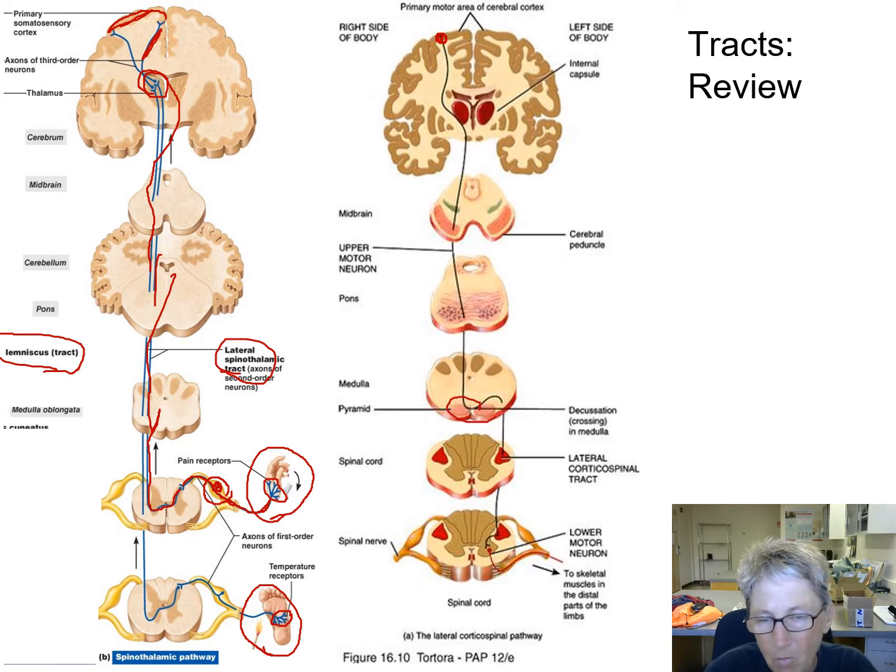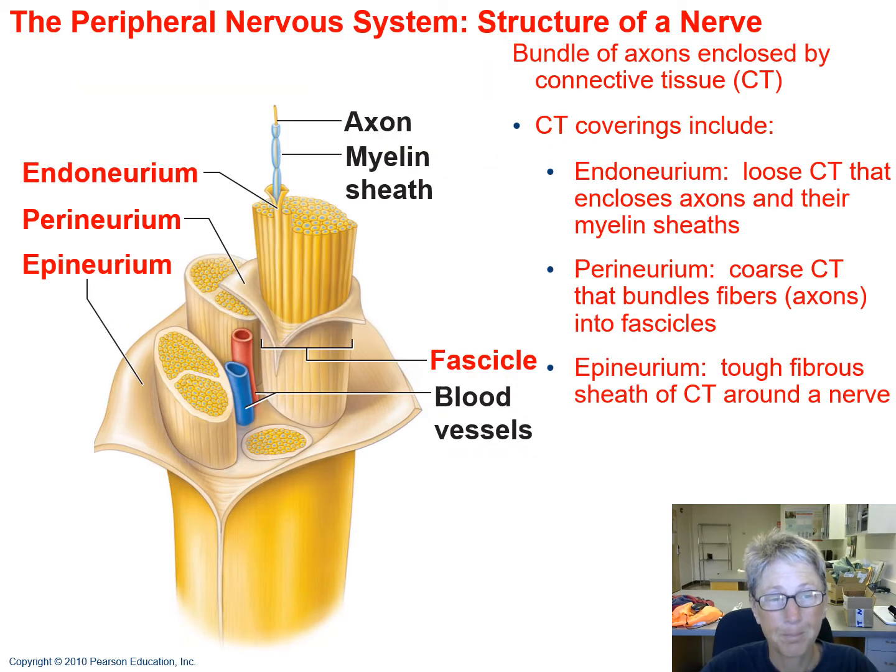It will cross over or decussate in the medulla, and then the first order motor neuron will continue to travel through the spinal cord, and it will synapse with a lower motor neuron. Sorry, I think I called it a first order, but in the motor pathways, it's an upper motor neuron will synapse here with the lower motor neuron, and then the lower motor neuron will send an action potential out to skeletal muscles and the neuromuscular junction, and hopefully you know the rest of the story on that.